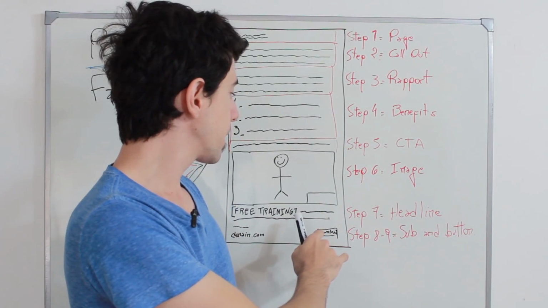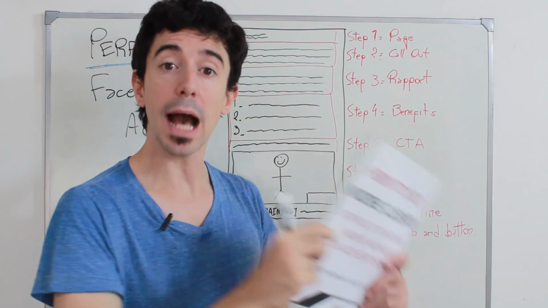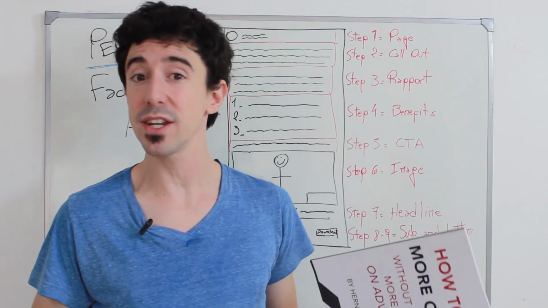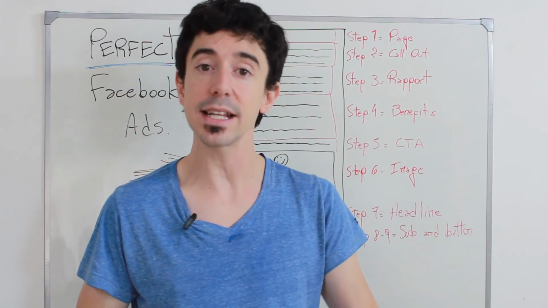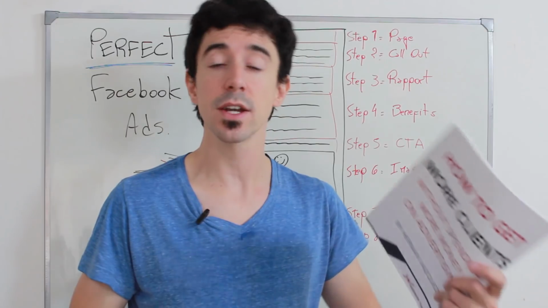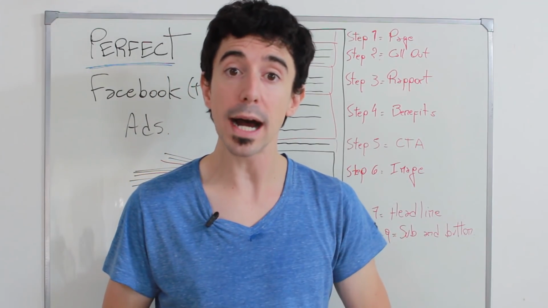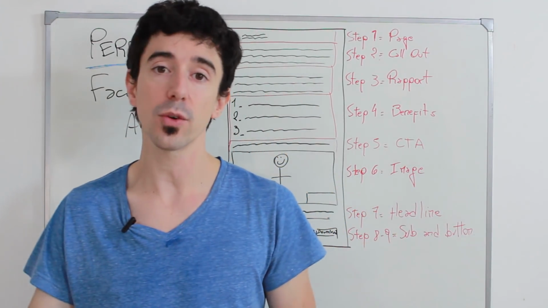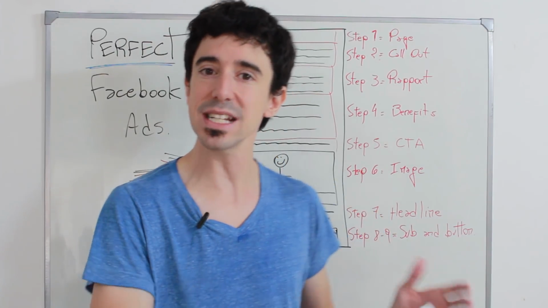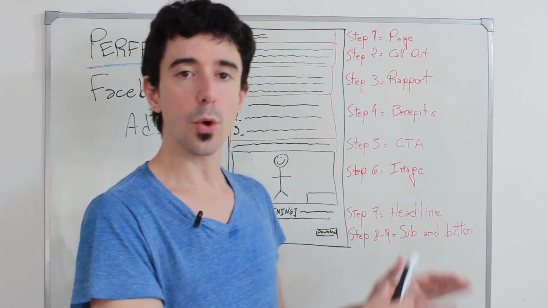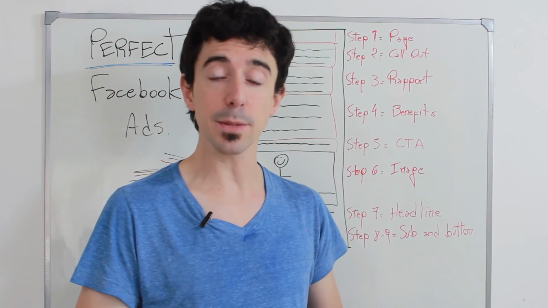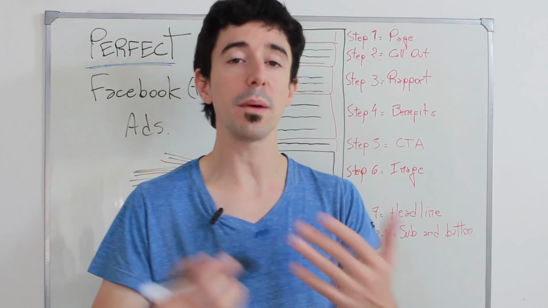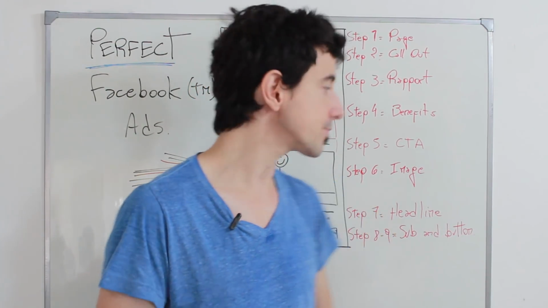So if I'm saying new book, how to get more clients without spending more money on advertising, I'm already stating the benefit, right? Get more clients, or how to X without Y, or again, the title of your webinar, your application, but it needs to be benefit based. So what's the number one benefit that they will get by applying, registering for the webinar, downloading the thing, okay?